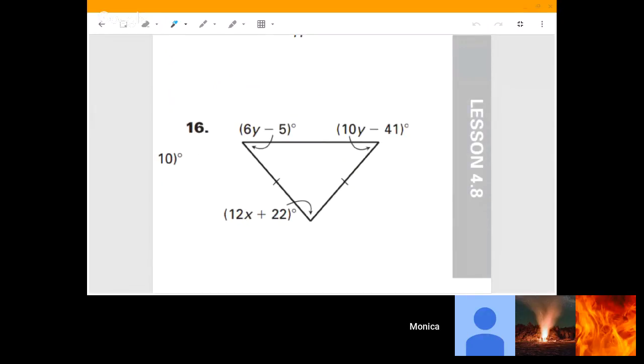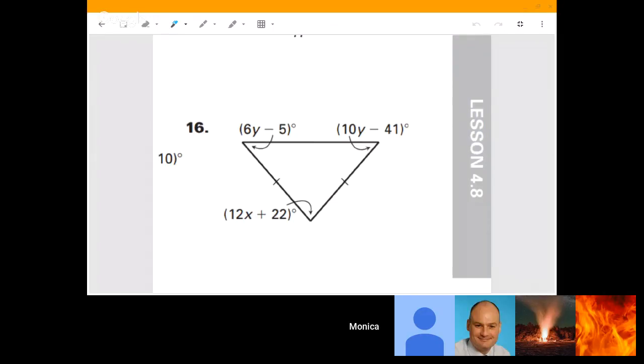If you look at the diagram, what do we know about those two angles that are across from the congruent sides? Yep, those are congruent. So you can set those equal to each other and solve for y.